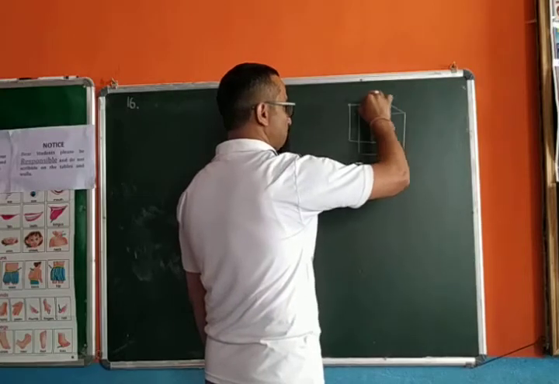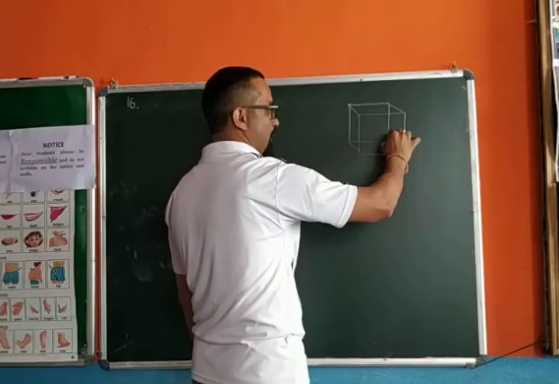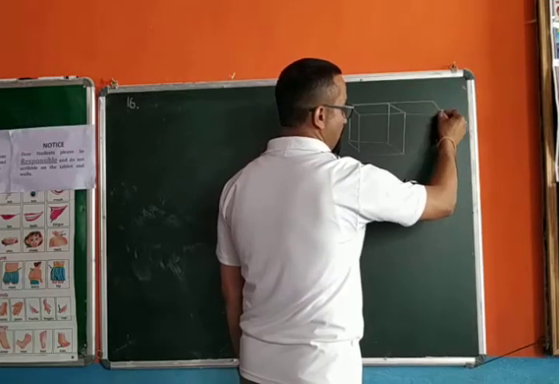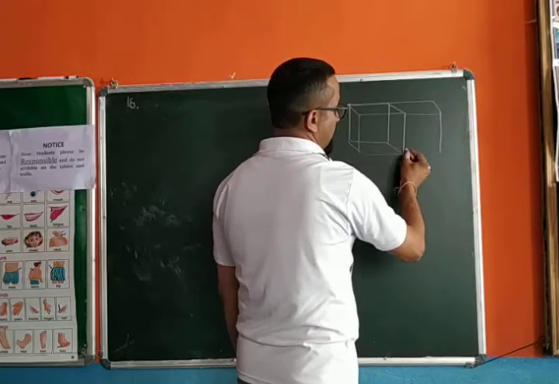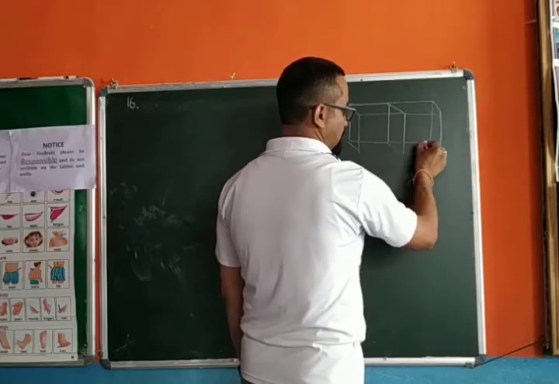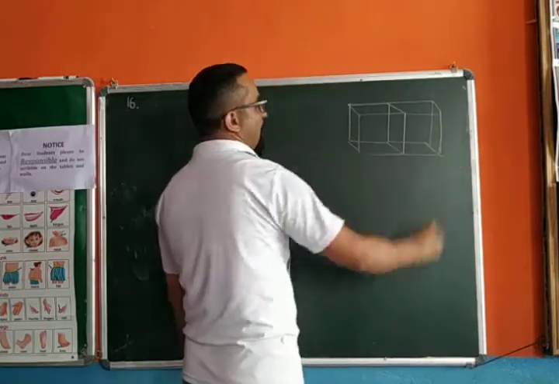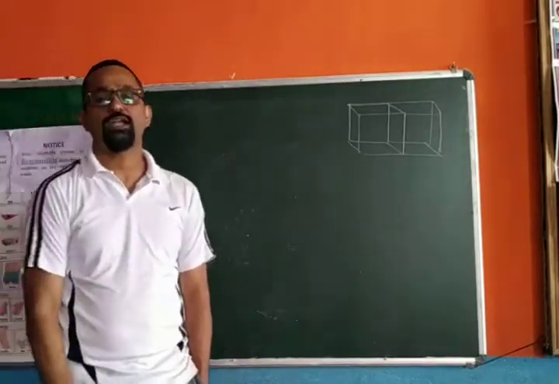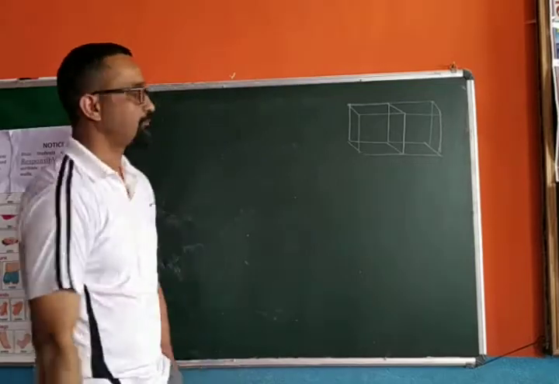These two cubes are joined end to end, and as a result you have a solid figure that is called a cuboid.